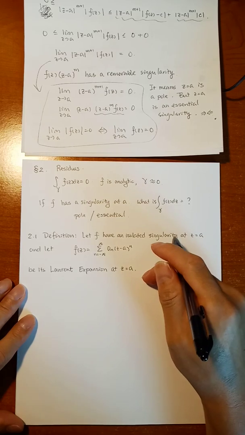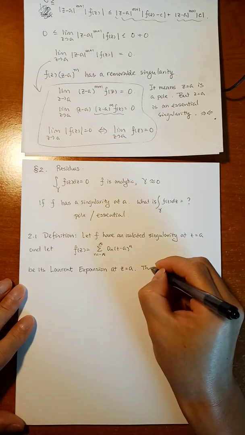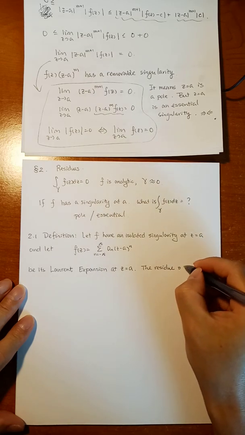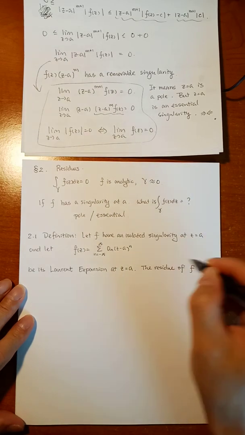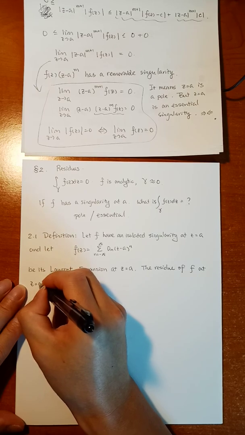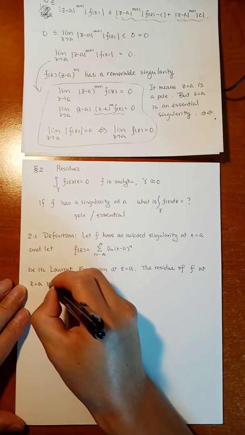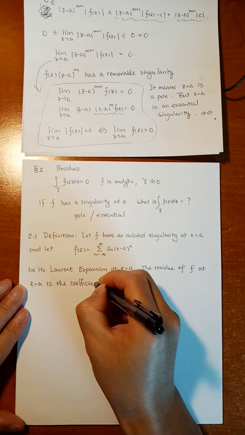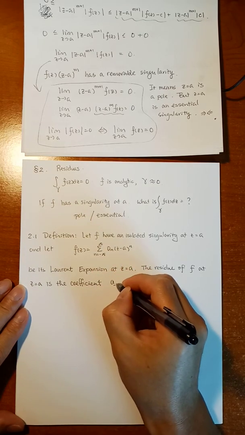Okay, then what is the residue? The residue of f at z equal to a is the coefficient a sub negative 1.